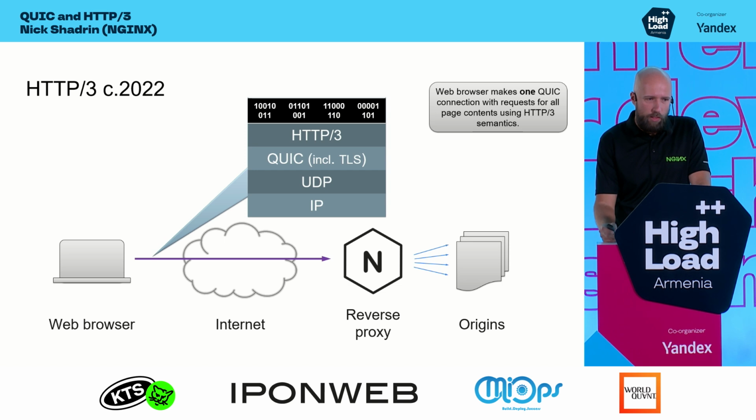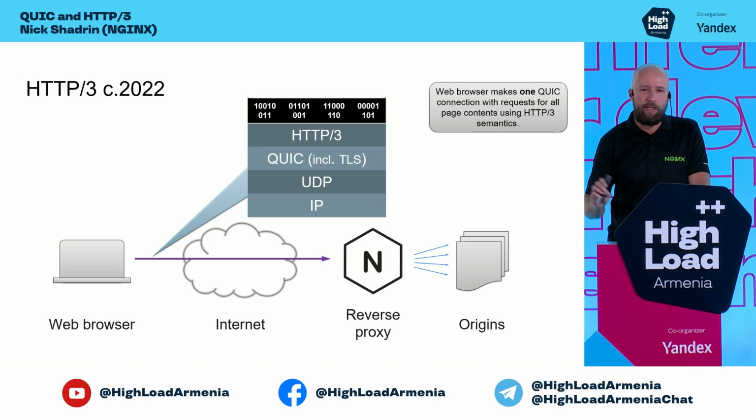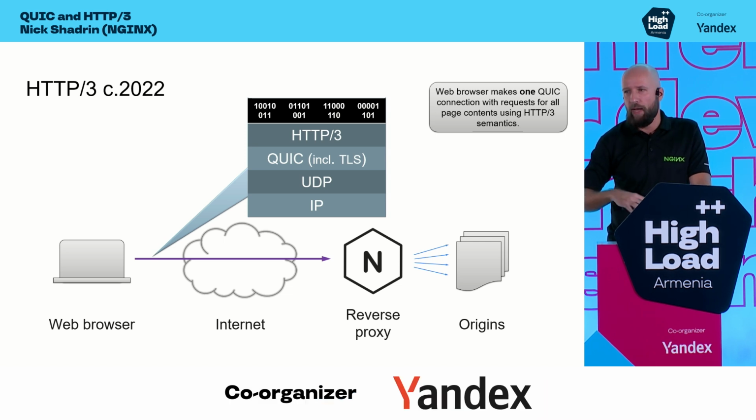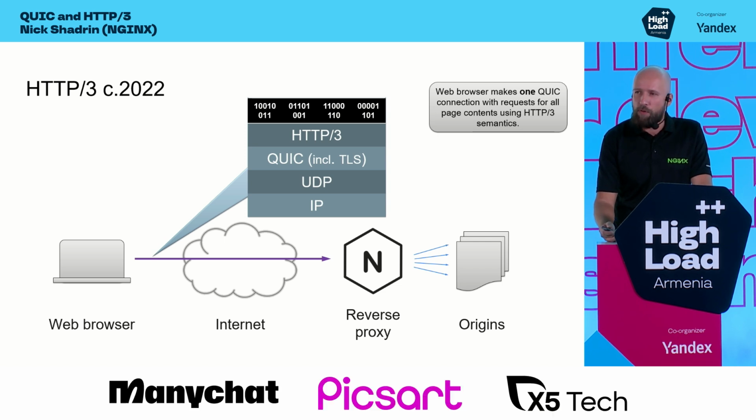UDP is handled basically the same way across the different operating systems. It is a much lower level method of passing packets through the network. And since it is lower level, now we need to build all of that higher level functionality further up into the protocol.